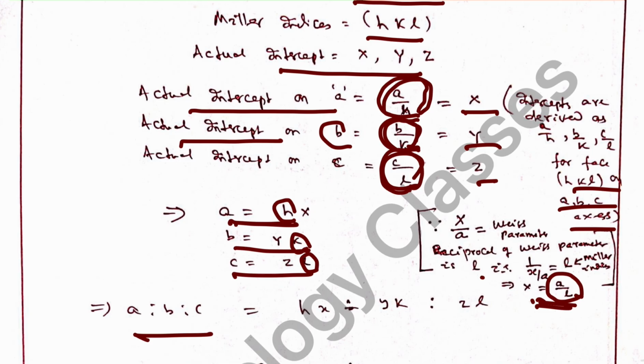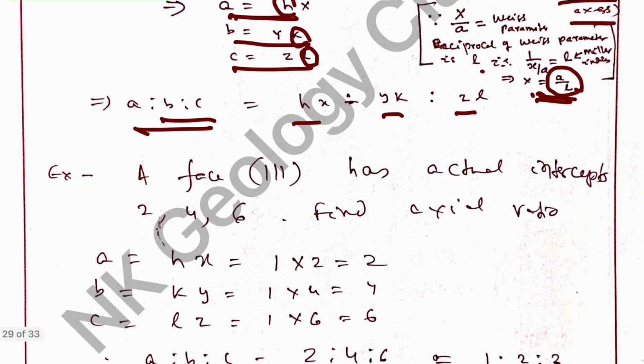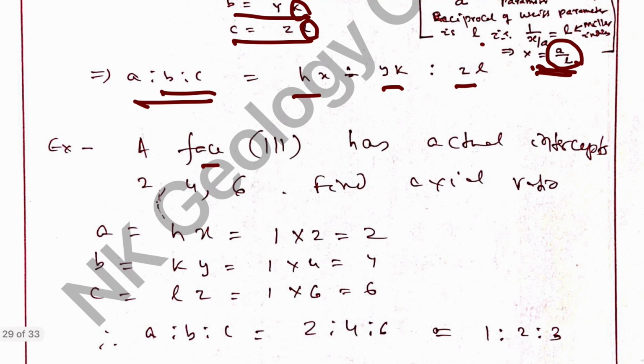Here I have shown a is to hx, b is to yk, c is to zl. Let us say the plane is 1, 1, 1 and it has actual intercepts 2, 4, 6. Find its axial ratio.